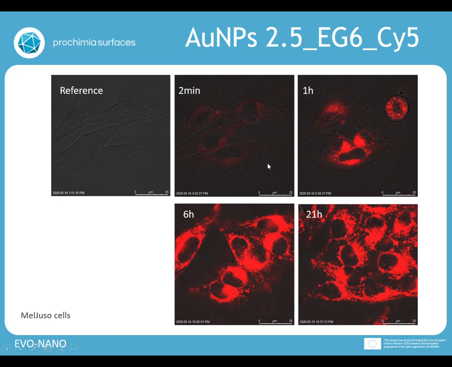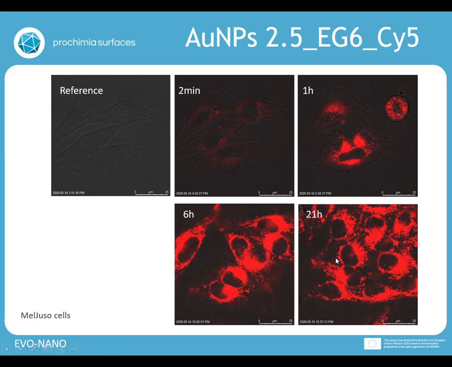However, what you can see is that in the progress of time these nanoparticles are gathering in some regions, and finally, after 21 hours, you can see clearly regions where these nanoparticles were aggregated, and the fluorescence of this region is very high.